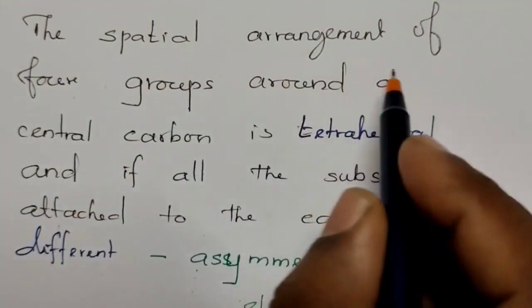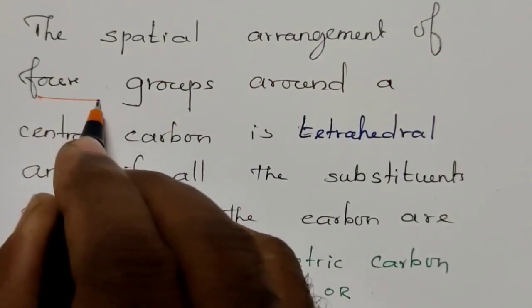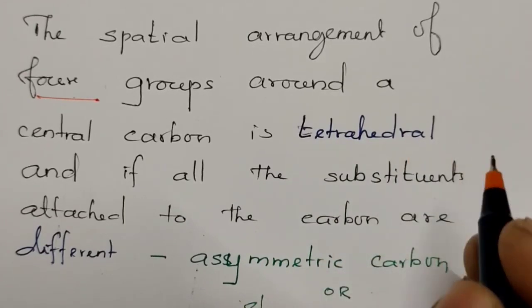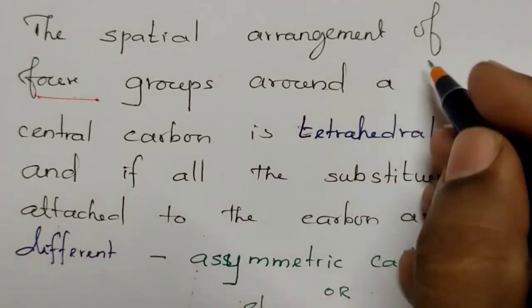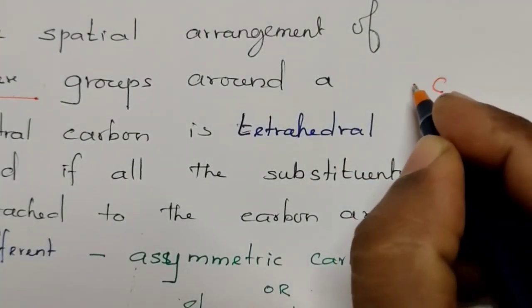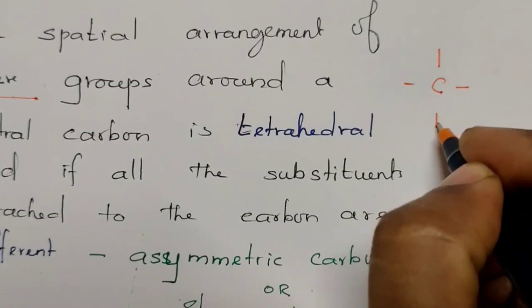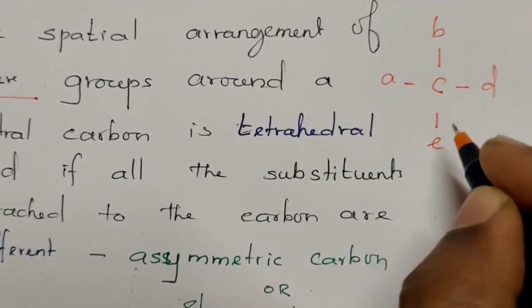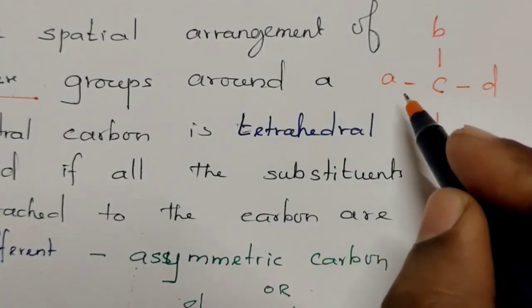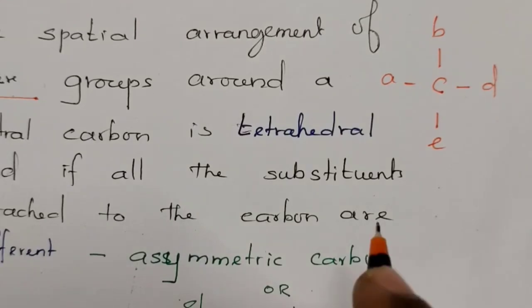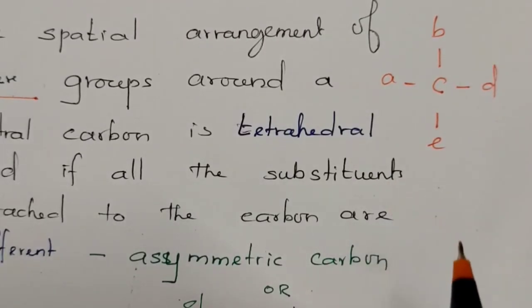This happens if the spatial arrangement of four groups around a central carbon atom is different. For example, if you have a central carbon and four different groups are attached to it, then that carbon is called asymmetric carbon.